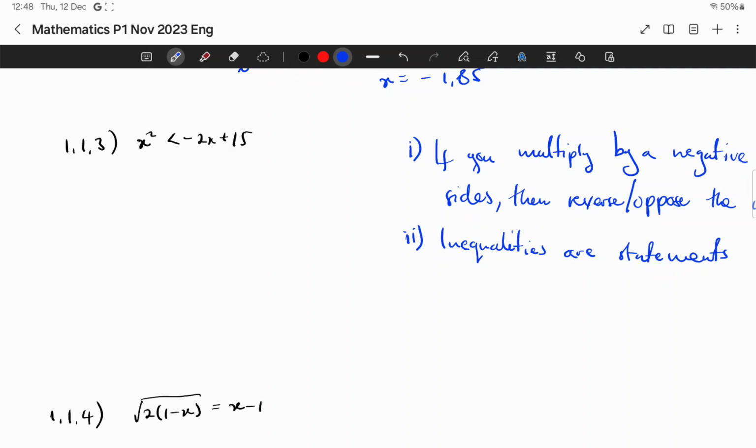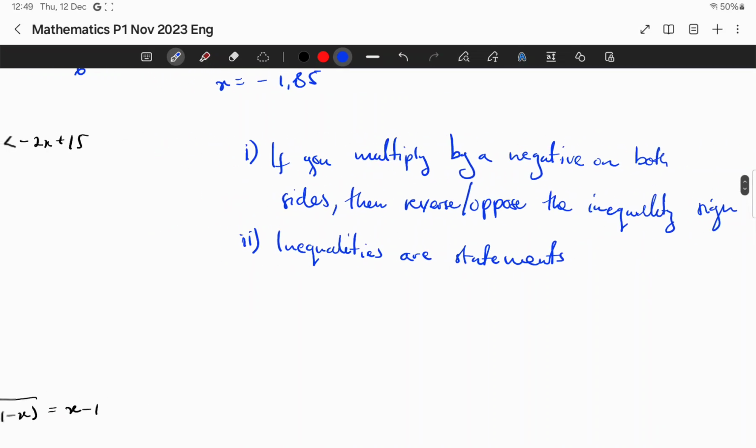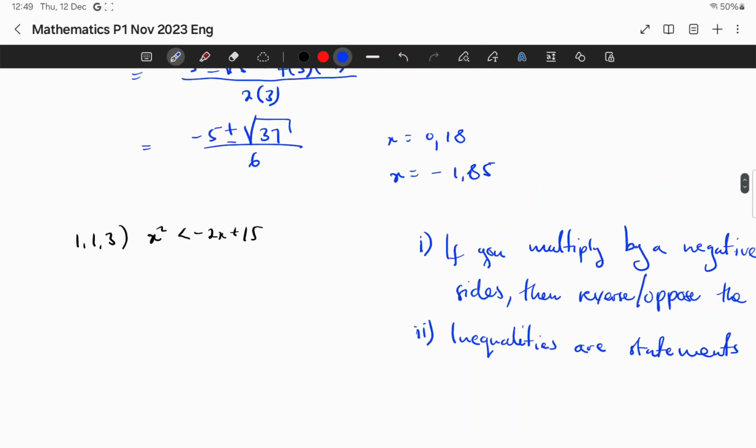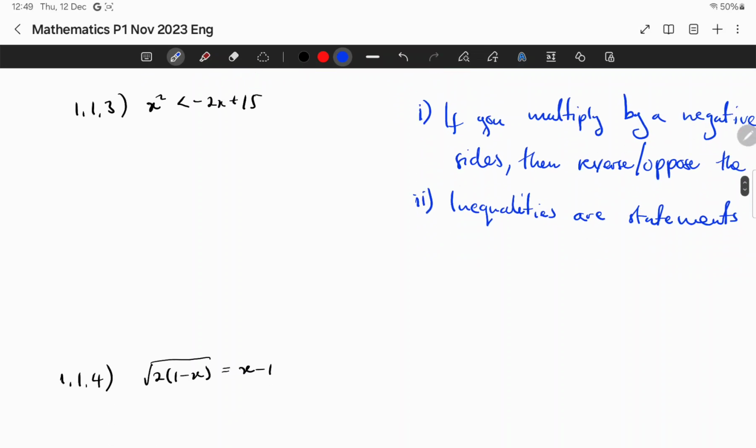So you should read it with intent. We don't really take note of how we read inequality signs. We just read them as they are given to us, and when we solve the equations, we don't think too much about what that means. But in this case, you have to think about it.